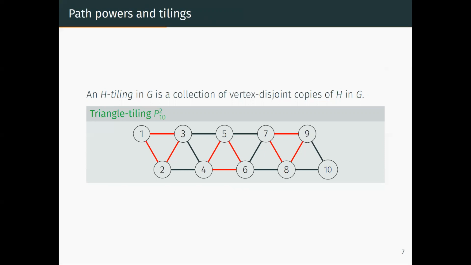Well, I pick the first 3 vertices, those must be a triangle, the next 3 vertices also must be a triangle, and so on and so forth. If you imagine a long enough square of a path, you can always get triangles like this, and it covers basically almost all of the path.